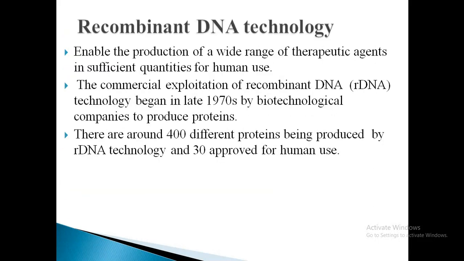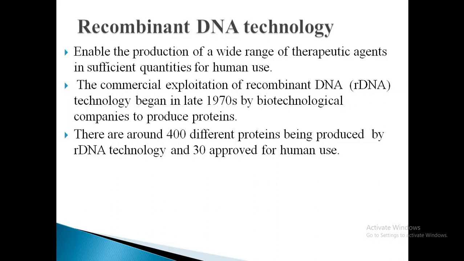And another more important technique, called recombinant DNA technology, is also being exploited to prepare various drugs in order to meet the demands. Recombinant DNA technology enables the production of a wide range of therapeutic agents in sufficient quantities, which can meet the demands for medicines in human society.